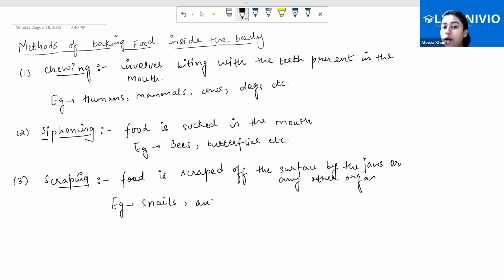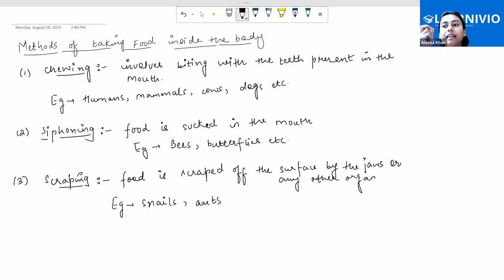Have you seen how ants take their food? Whenever ants take their food, they carry very small particles. They are very small creatures, so you won't be able to see it with the naked eye.